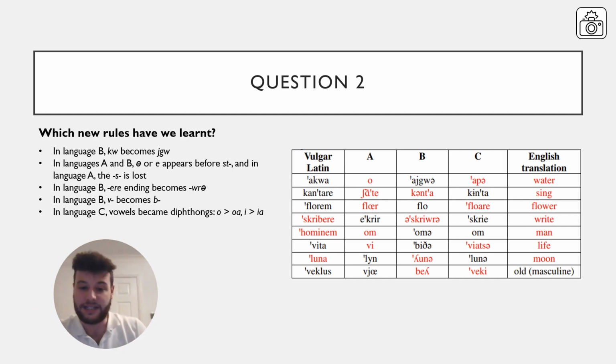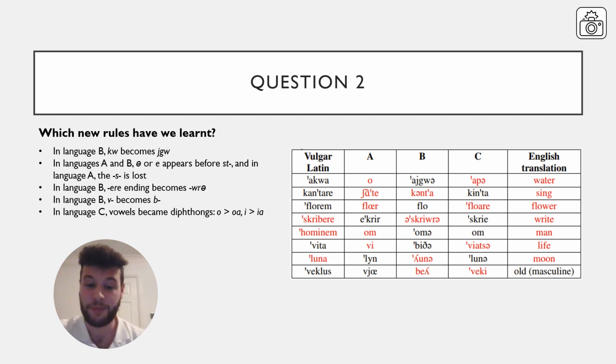It's also worth writing down, while you were working out the match-up exercise just then, there are maybe 5 or 6 new rules that you've learned that are worth adding to your list. So go ahead, take a screenshot before we do move on, just to add these rules. So you can see that in language B, this qu in Vulgar Latin becomes more of a w or something along those lines.